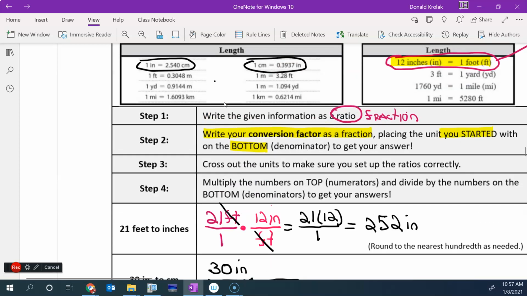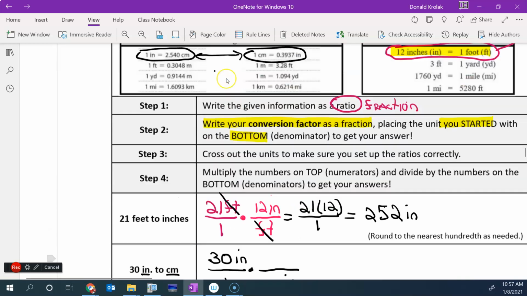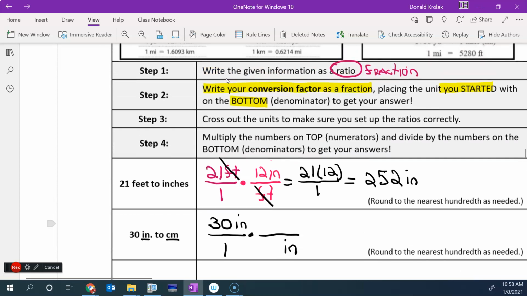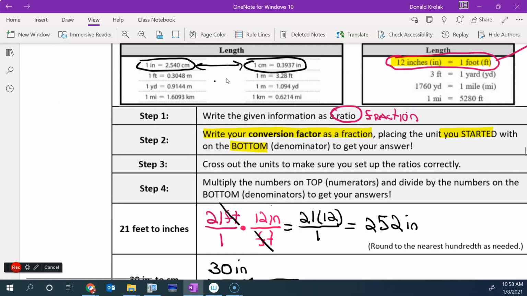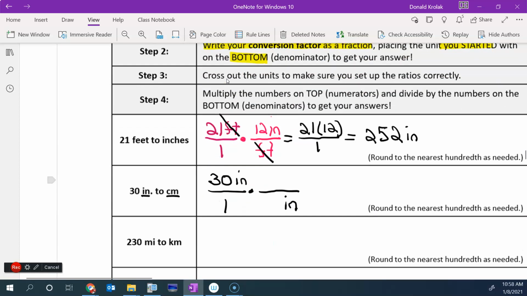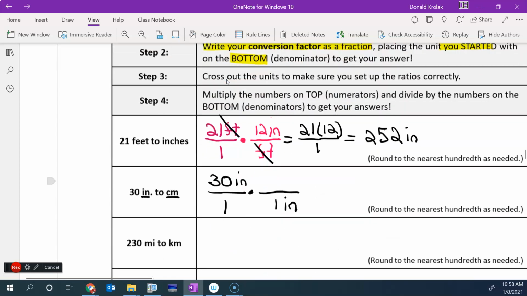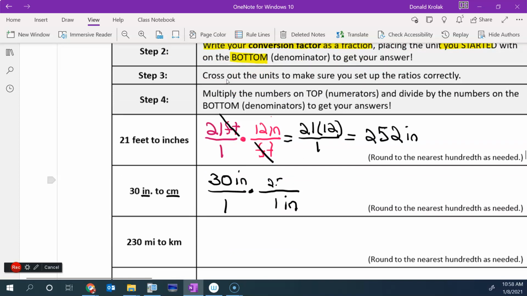I've got to put these so that the inch one is on the bottom, whether I use this one or if I use this, it doesn't matter. Okay. All right, so I'm actually going to use this. So 1 inch is the same as 2.54 centimeters.